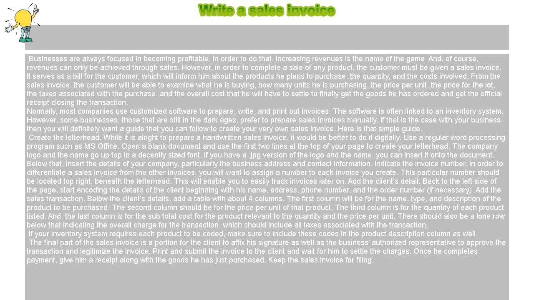From the sales invoice, the customer will be able to examine what he is buying, how many units he is purchasing, the price per unit, the price for the lot, the taxes associated with the purchase, and the overall cost that he will have to settle to finally get the goods he has ordered and get the official receipt closing the transaction.